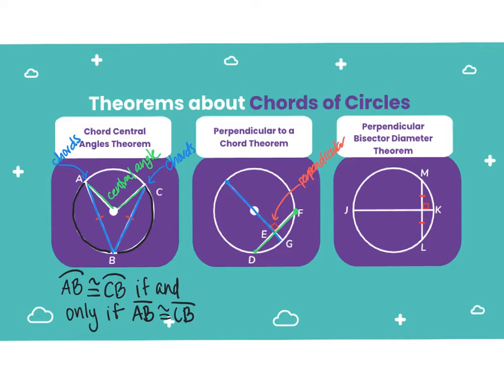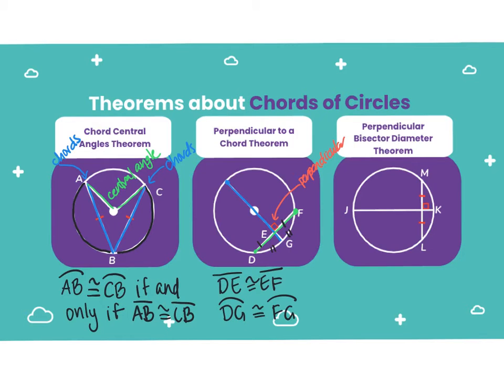So what our theorem allows us to conclude is that DE is congruent to EF, and we can also conclude that the arcs DG and FG are also congruent.